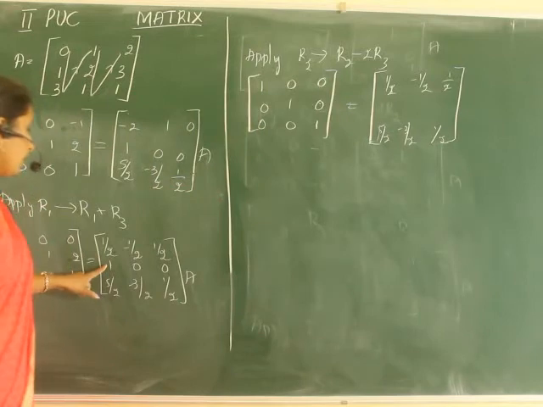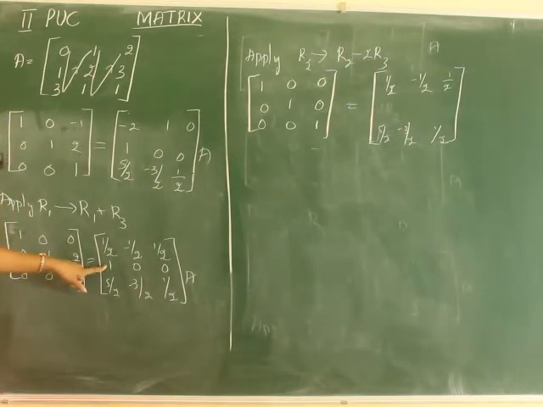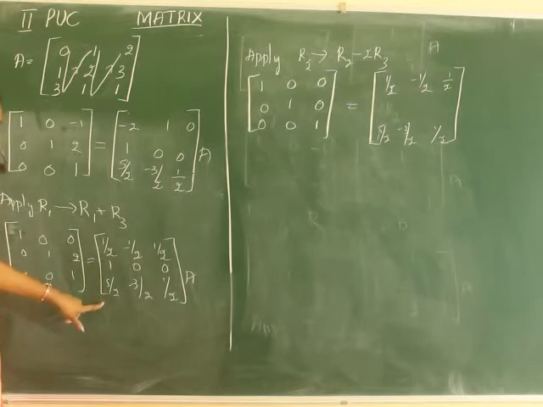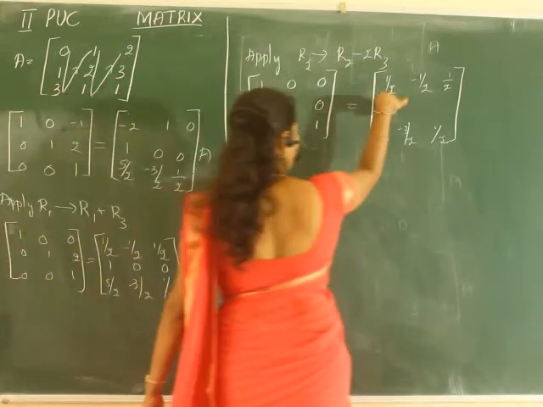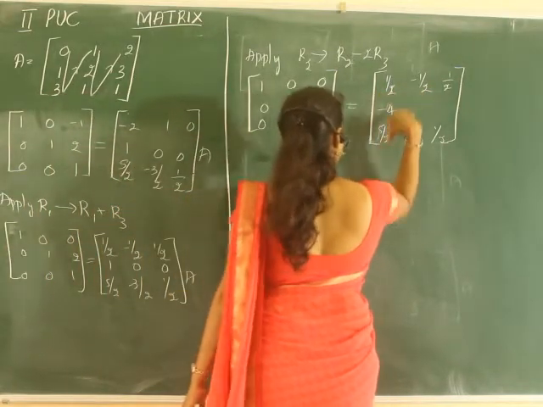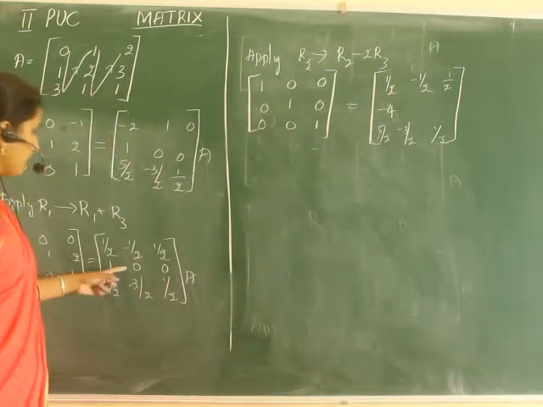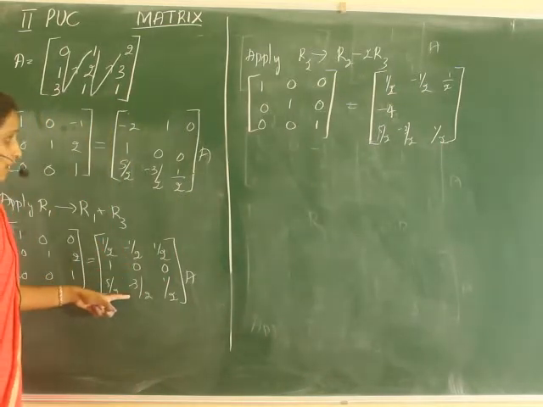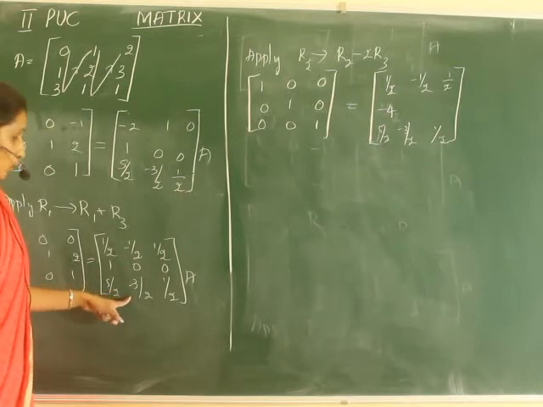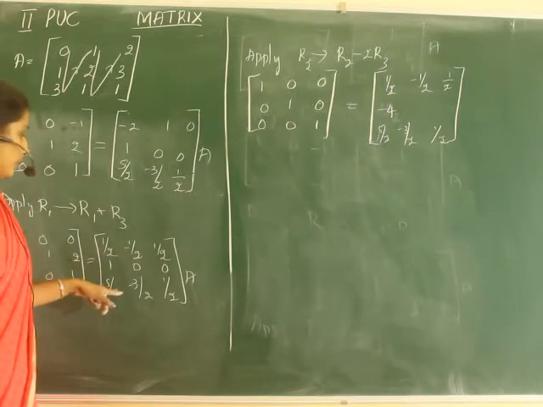So next one, 1 minus 2 into R3 means 1 minus 2 into 5 by 2. 2 can be cancelled. 1 minus 5 is minus 4. After that, 0 minus 2 into minus 3 by 2. 2 and 2 can be cancelled.